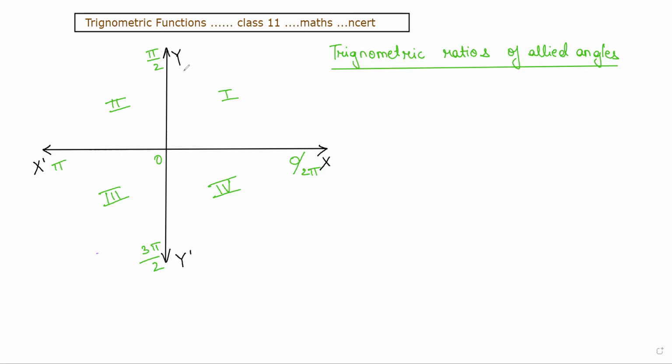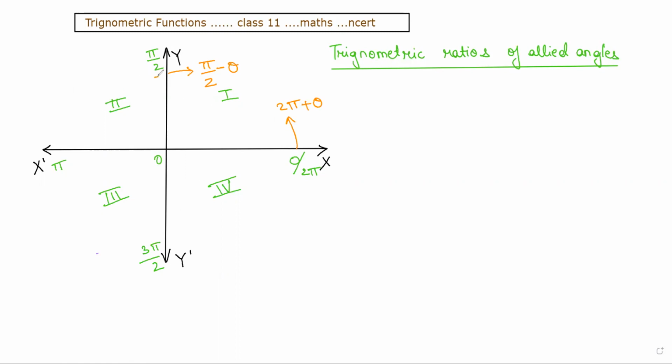Now, the first quadrant can be represented as pi by 2 minus theta, or 2 pi plus theta.